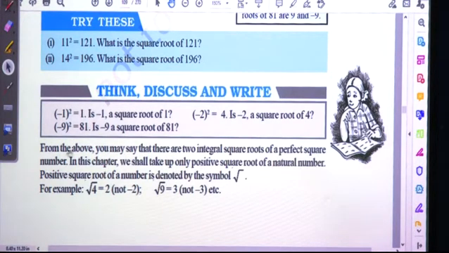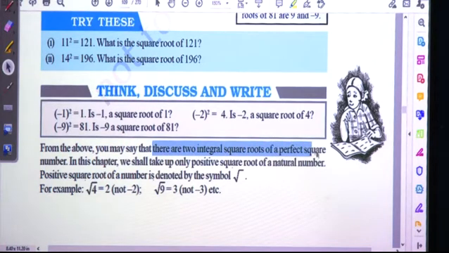Proceeding further, from the above, you may say that there are two integral square roots of a perfect square number.